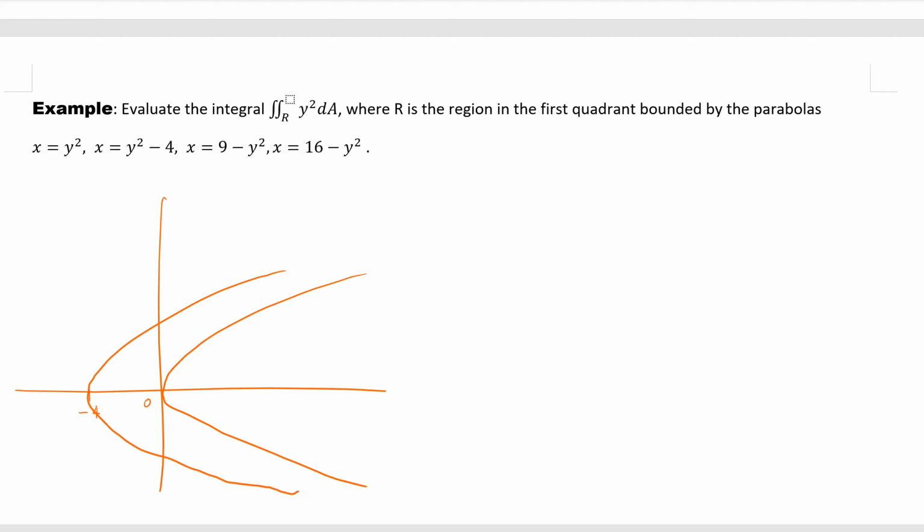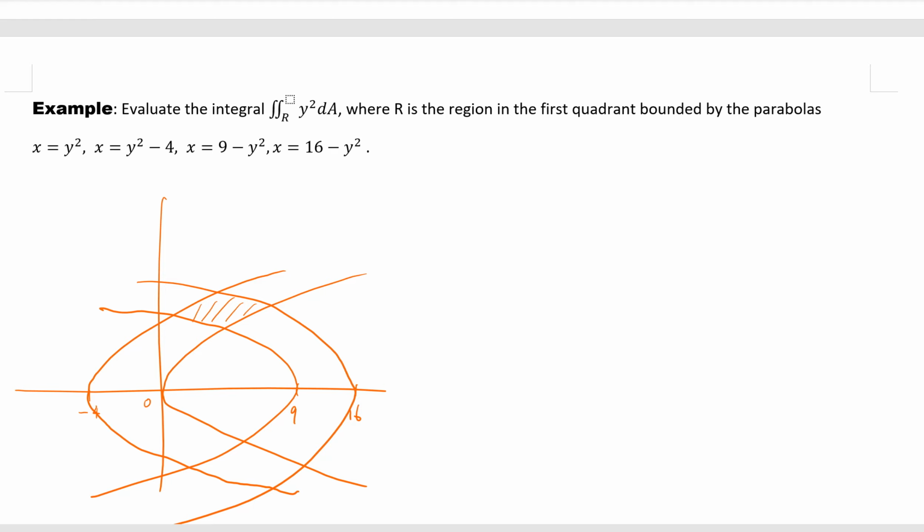We shift down a little bit. 9 minus y squared. Let's say 9 here, 16 there. Then it's something like that. Here is something like that. So we're talking about the region in the first quadrant. So far so good, everybody?